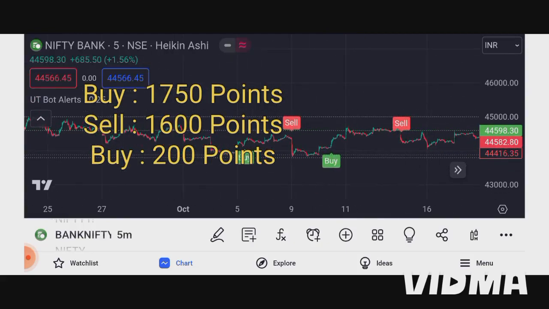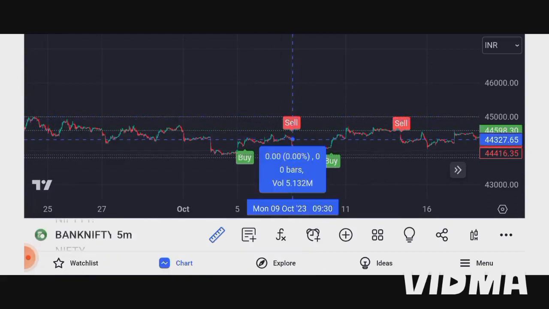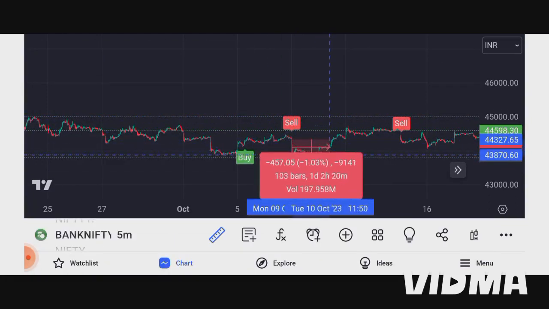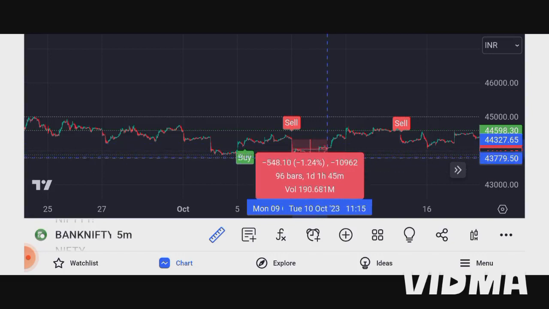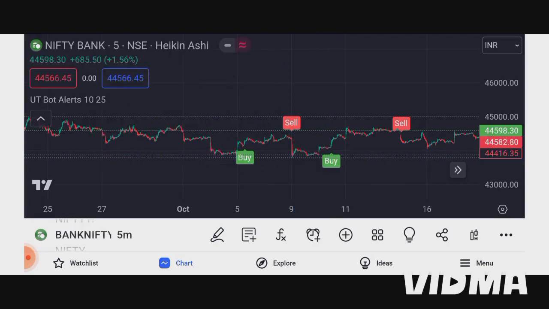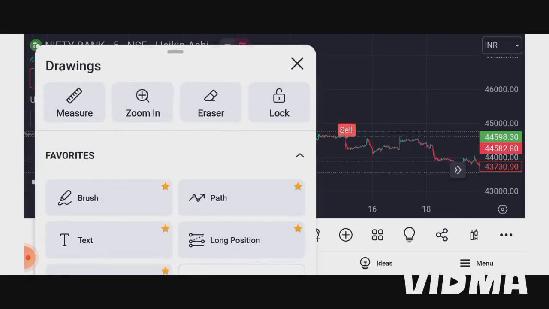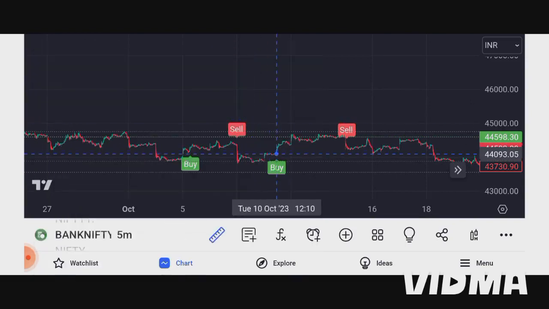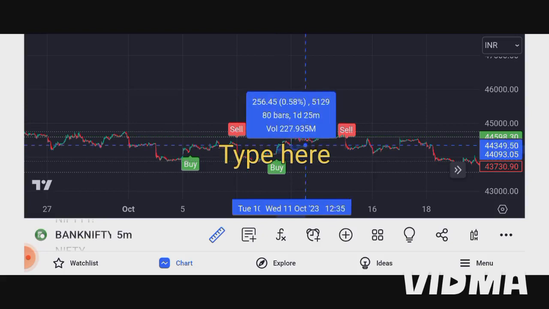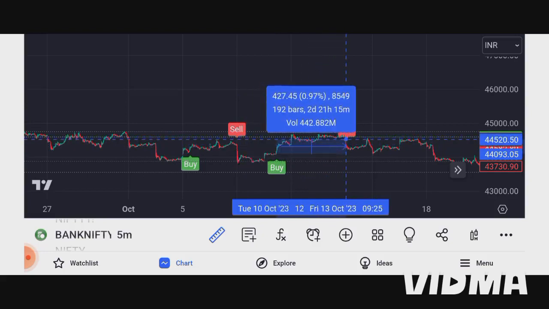Now again the sell is coming, so we check what points the sell is giving. In this sell, if you check, 400 points it is giving. Now again a buy is coming, so we select the buy, and from this point to this sell, again 400 points.